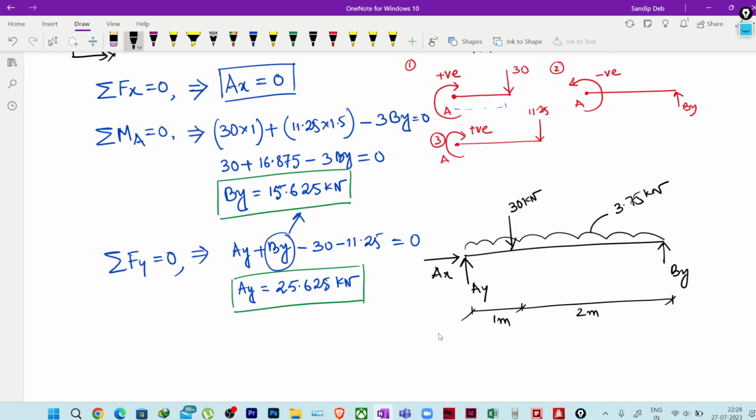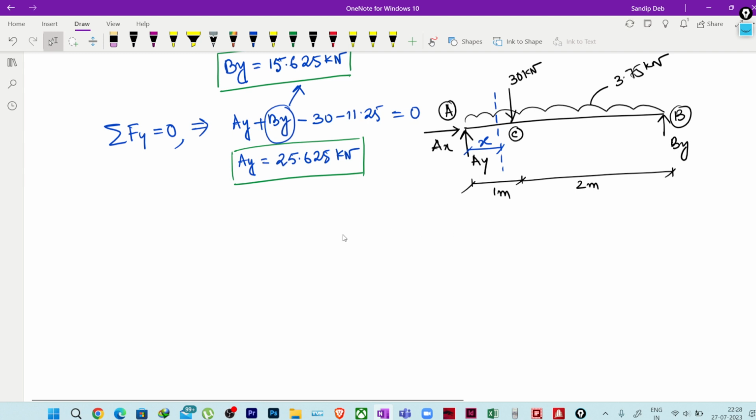Fine. Okay, now this is my point A, this is point C, and this is point B. First I will take a section somewhere here, and suppose this is at x distance from the support. So at x distance from the support, I will write case 1.